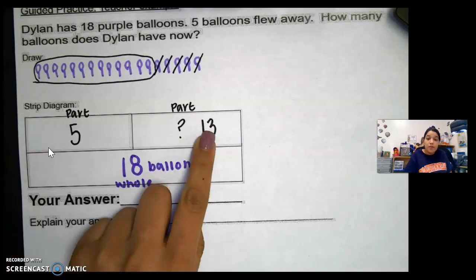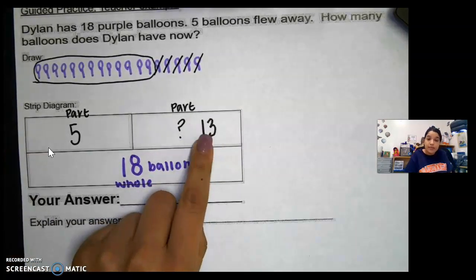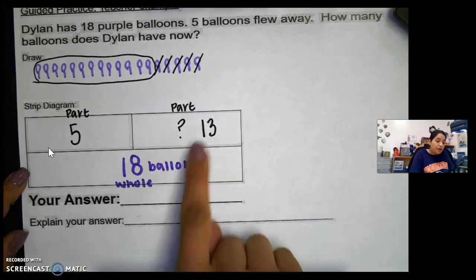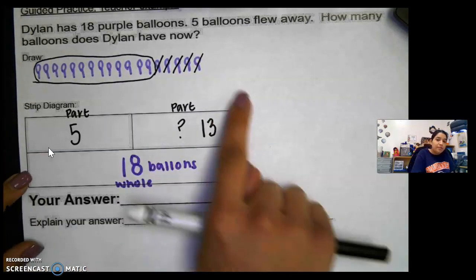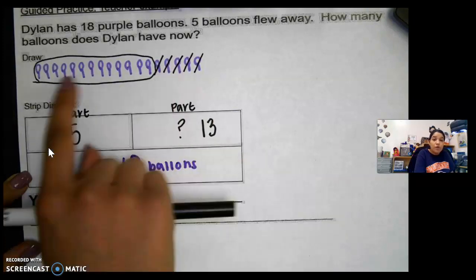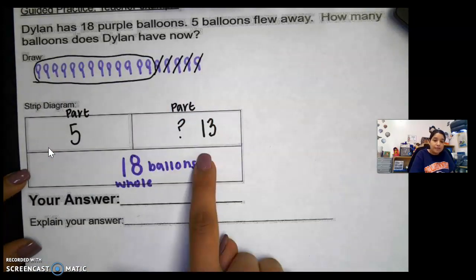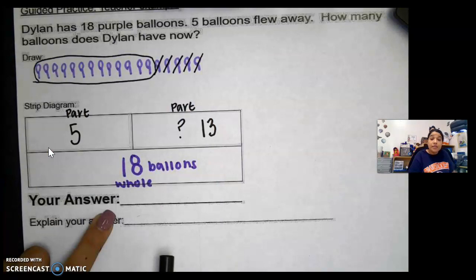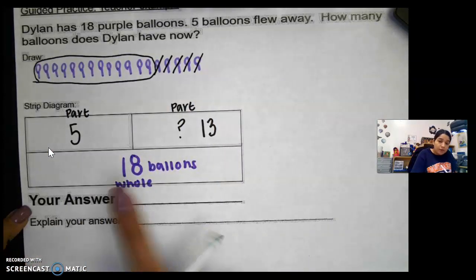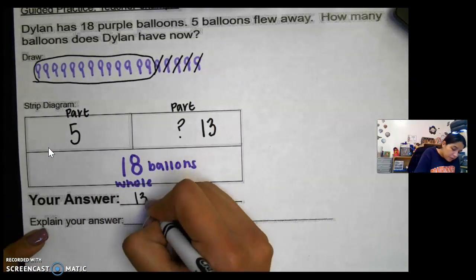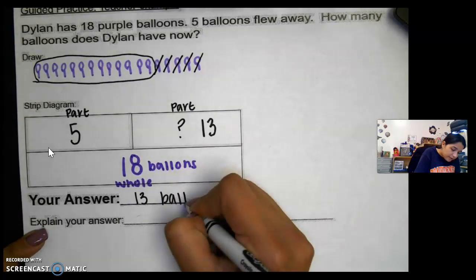So that is our missing number, our missing part. Whenever we had our missing part, we had to take away, we had to subtract. So our missing part was 13 balloons left.